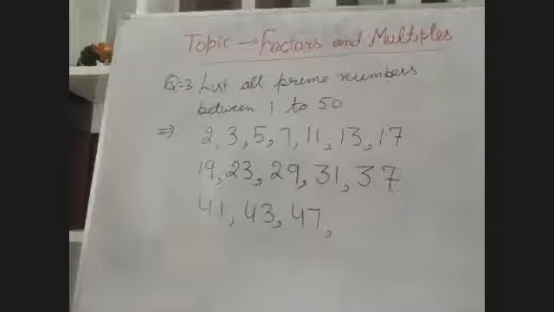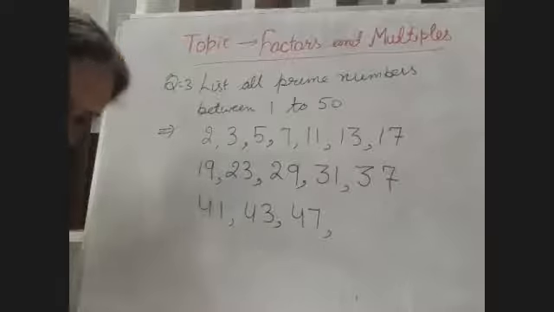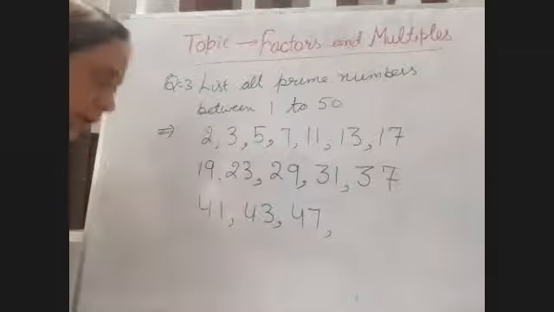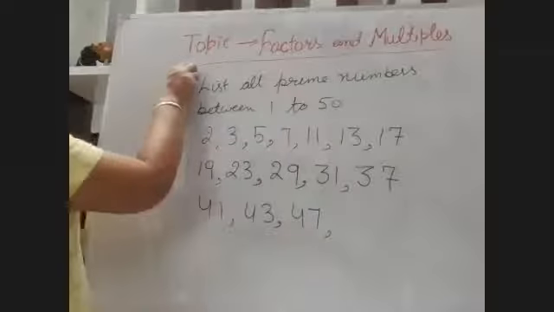Next is the fourth question. List all prime numbers between 51 to 100.